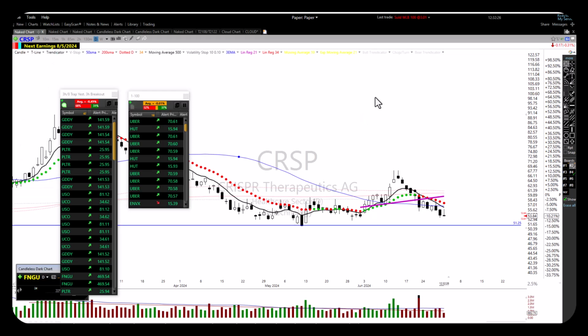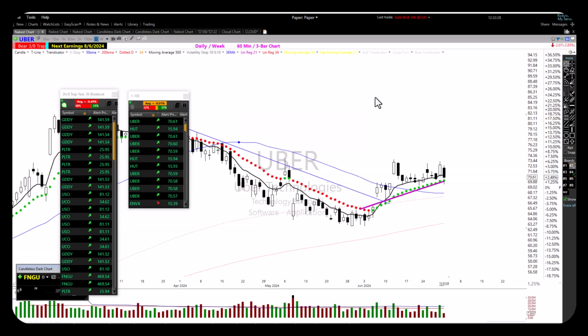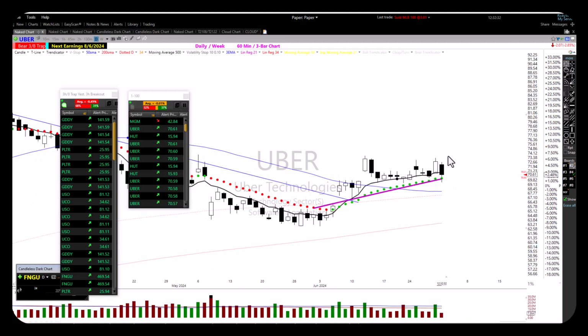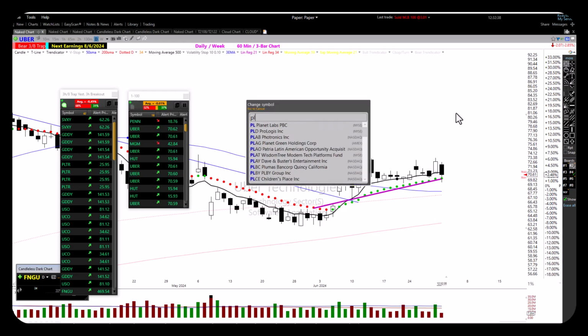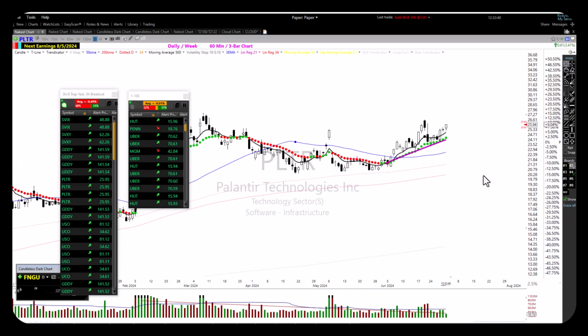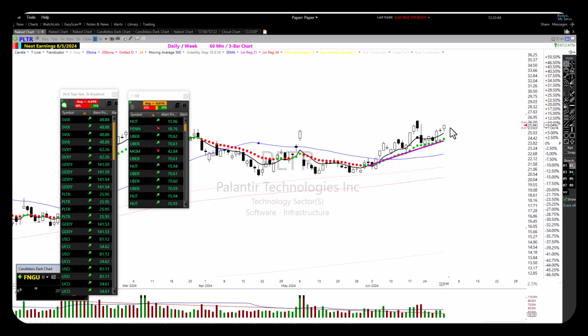Like Uber here coming up. Are you going to buy Uber right here or wait till it breaks out? But it's giving you the Uber, PLTR from that other scan there. Are you going to trade PLTR here? Are you going to wait for the breakout? Are you going to wait for a little more of a pullback, not up 3 days? Those sort of things. Okay.